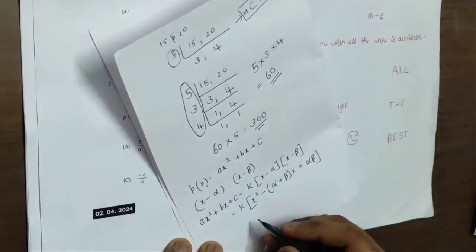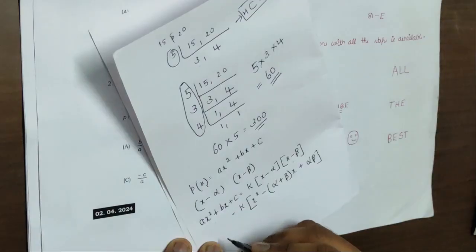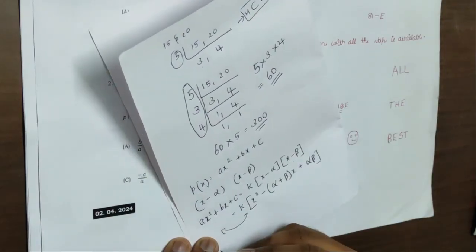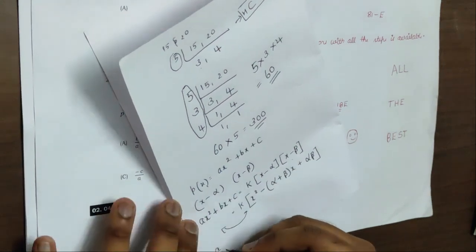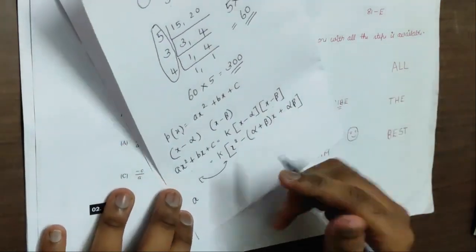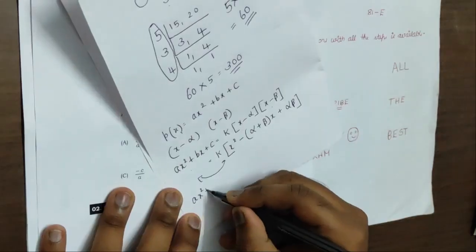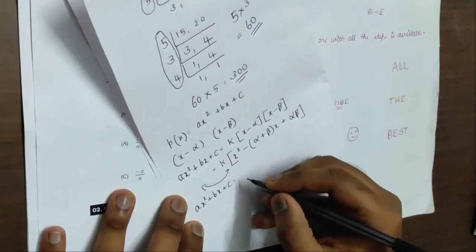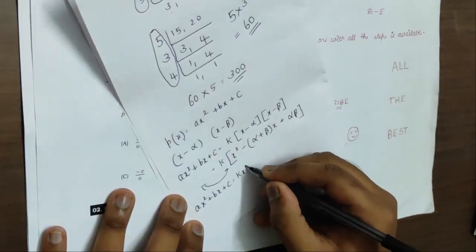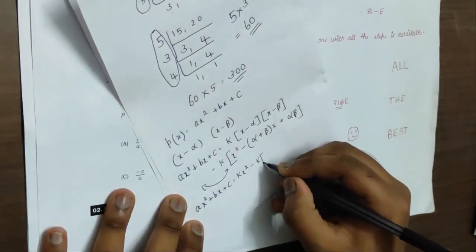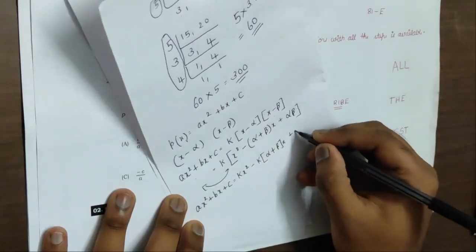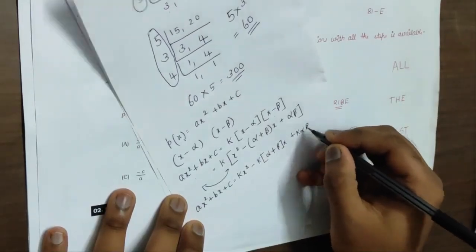Now if we compare both these equations, by multiplying k inside, the final result we obtain is ax square plus bx plus c equal to kx square minus k into alpha plus beta x plus k alpha beta.